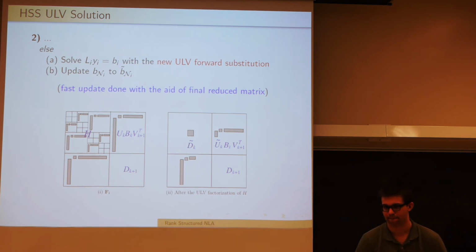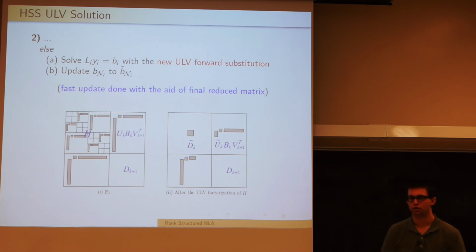I have a question. When you describe the ULV factorization, do you use nested dissection, or do you use nested dissection and then apply ULV to the Schur complement only? Yes. The first stage of all of this is nested dissection.